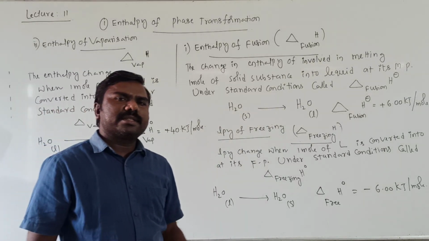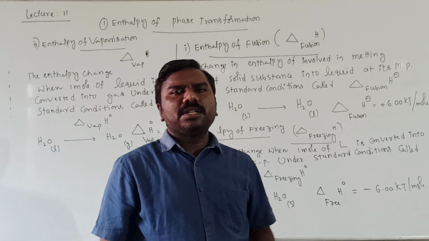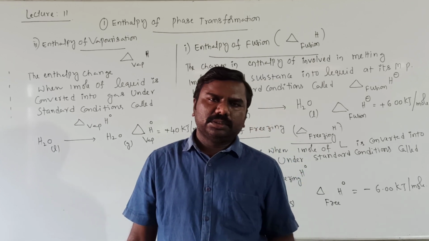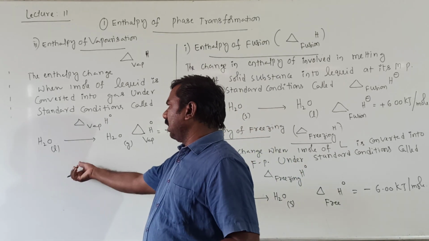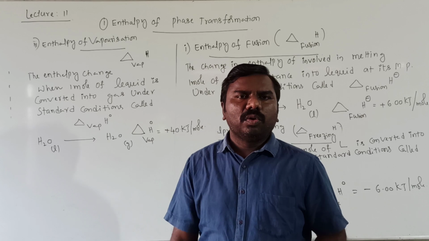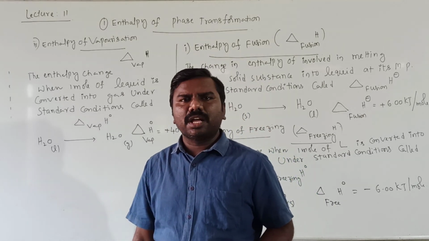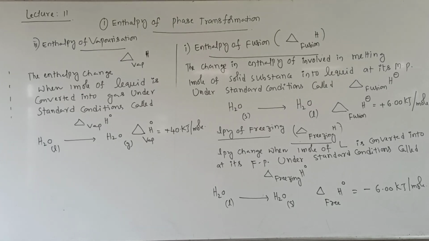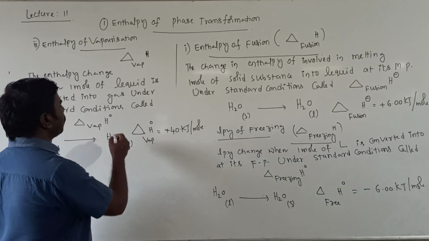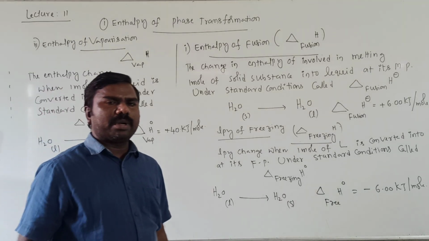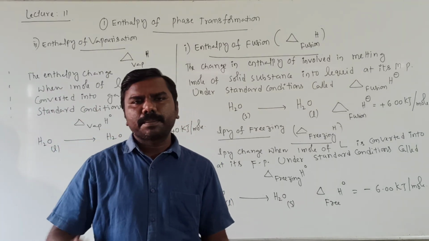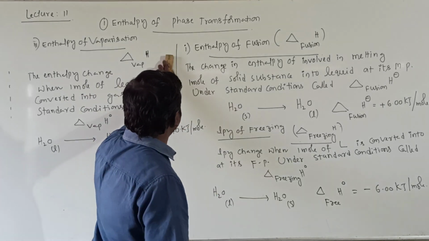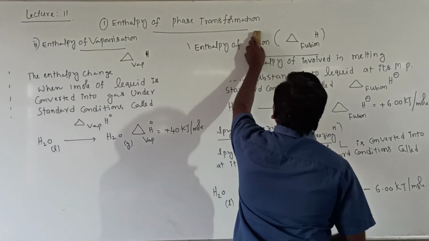It means this much heat energy is required for the conversion of liquid into gas H2O molecules. Standard enthalpy of vaporization is also called molar enthalpy of vaporization. Both are the same, students.